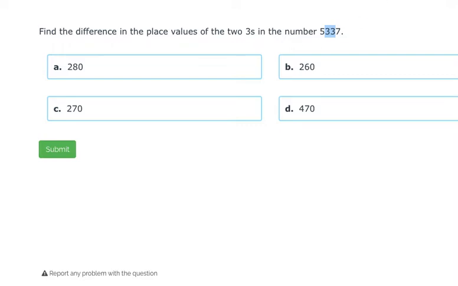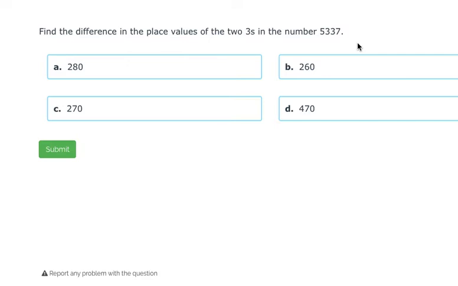What is the place value of the first 3 if you go from the right? The first 3 is 30. What is the place value of the second 3? That is 300. What's the difference between the two?